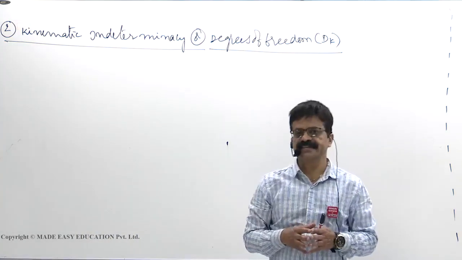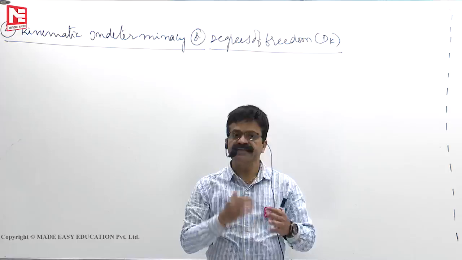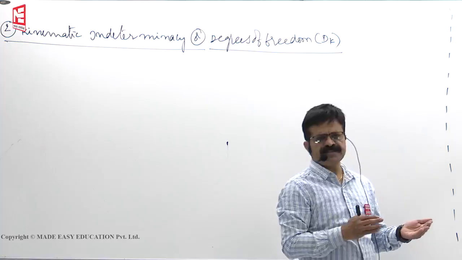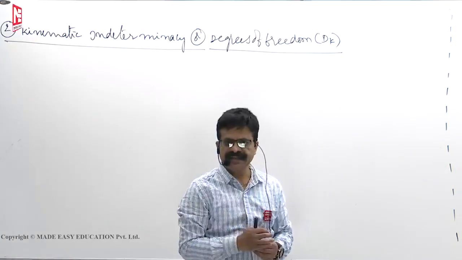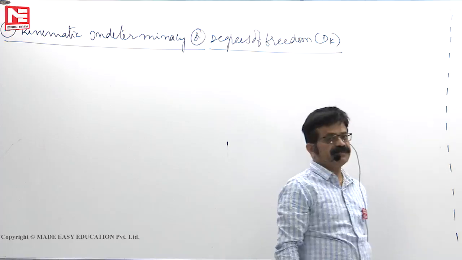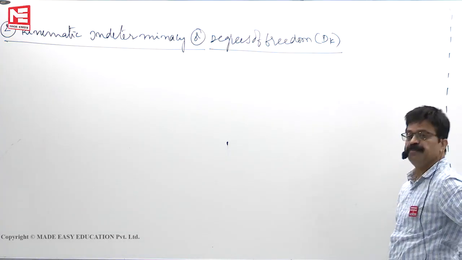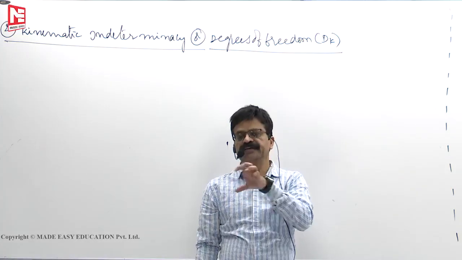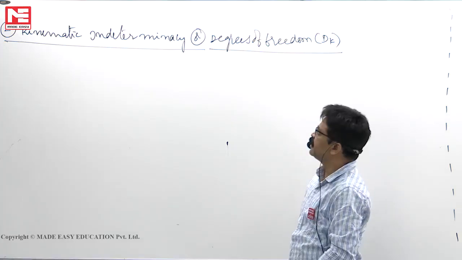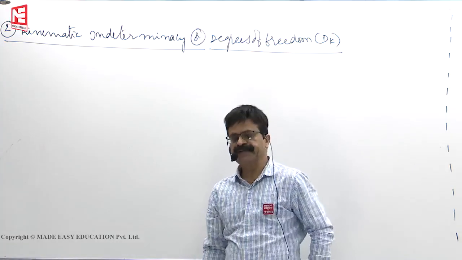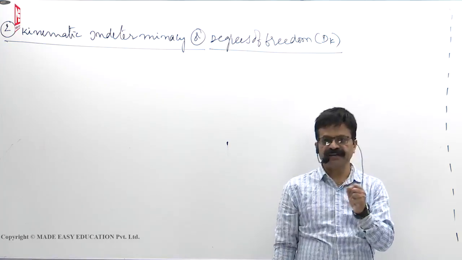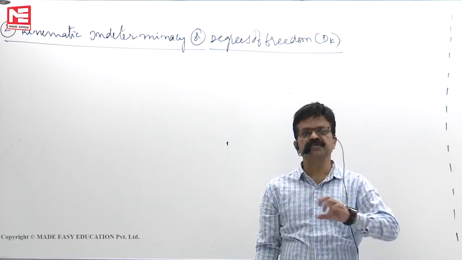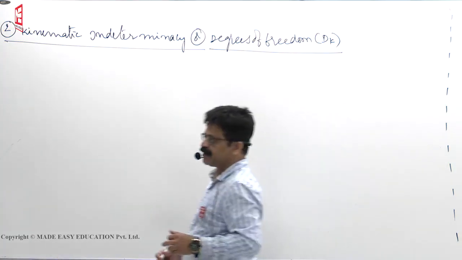I told you at different stages, when we were analysing statically indeterminate trusses, we discussed static indeterminacy, internal indeterminacy, external indeterminacy. Then in the slope deflection method, I gave you the kinematic indeterminacy, the number of independent unknown displacements, that we call kinematic indeterminacy. There for a simple beam we calculated how to find dk. Now here we will see for beams, trusses and frames how we have to calculate the kinematic indeterminacy.